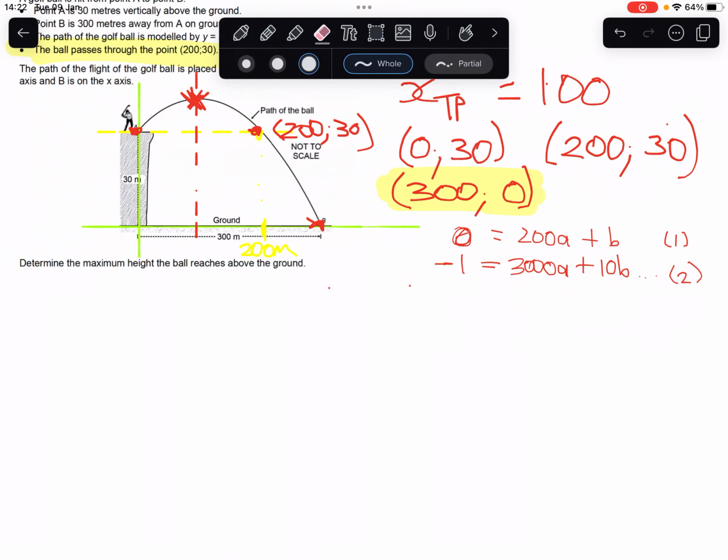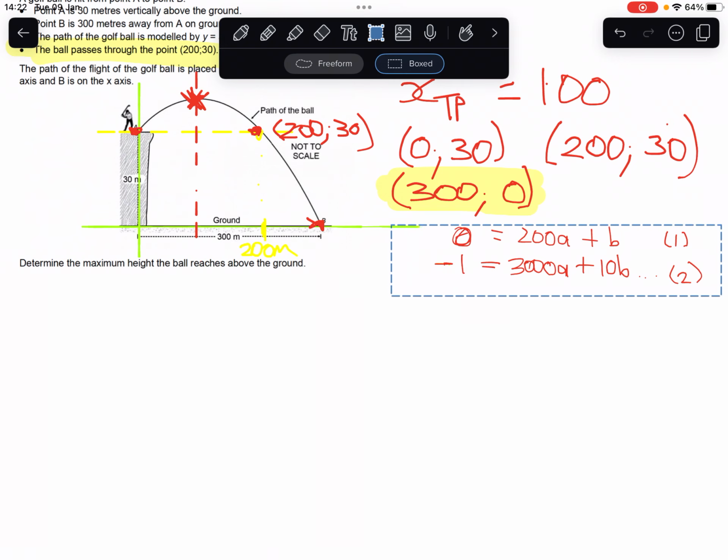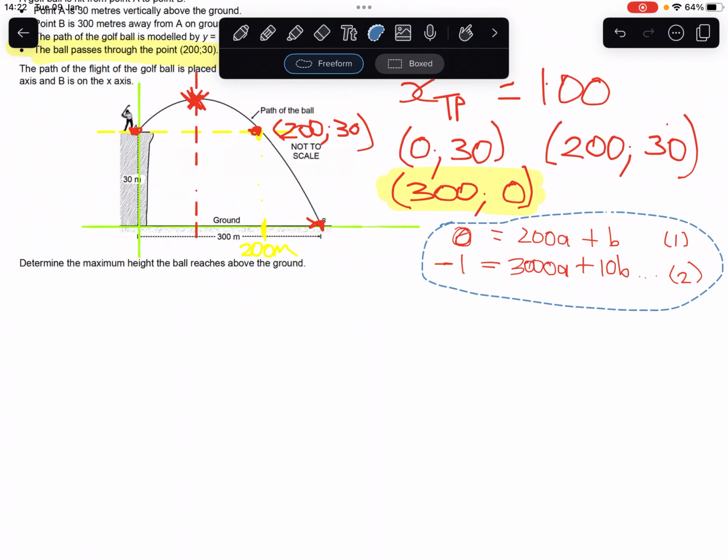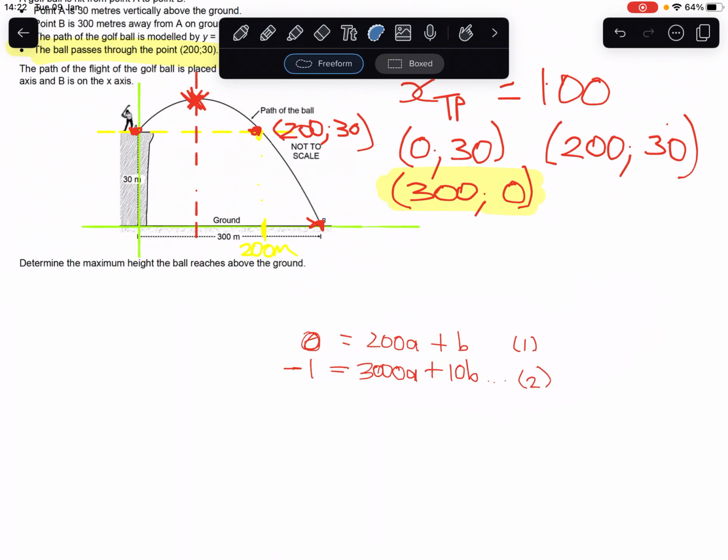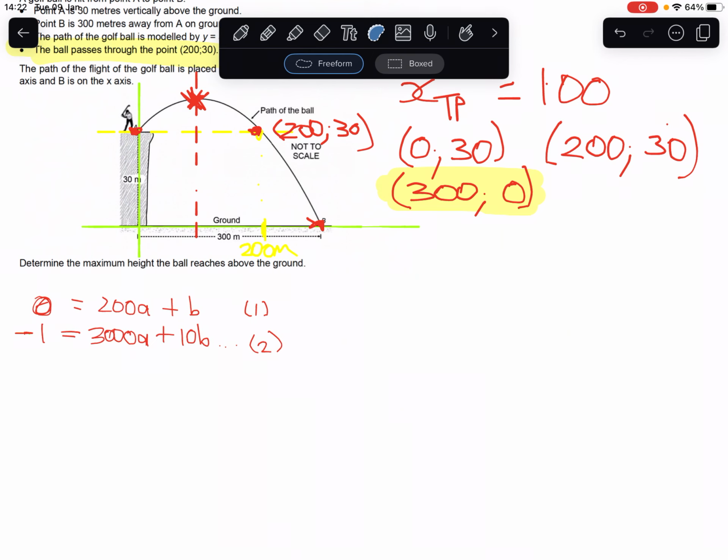Let's bring them back to the center. You know, I could try to test how good my freeform selection is. Not bad. Right, so we have 0 is equal to 200A plus B, and our second equation is negative 1 is equal to 3000A plus 10B.